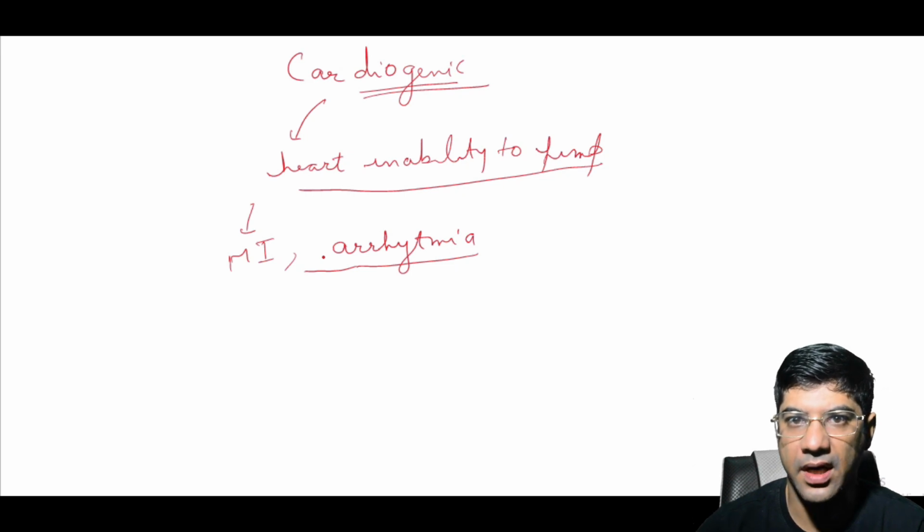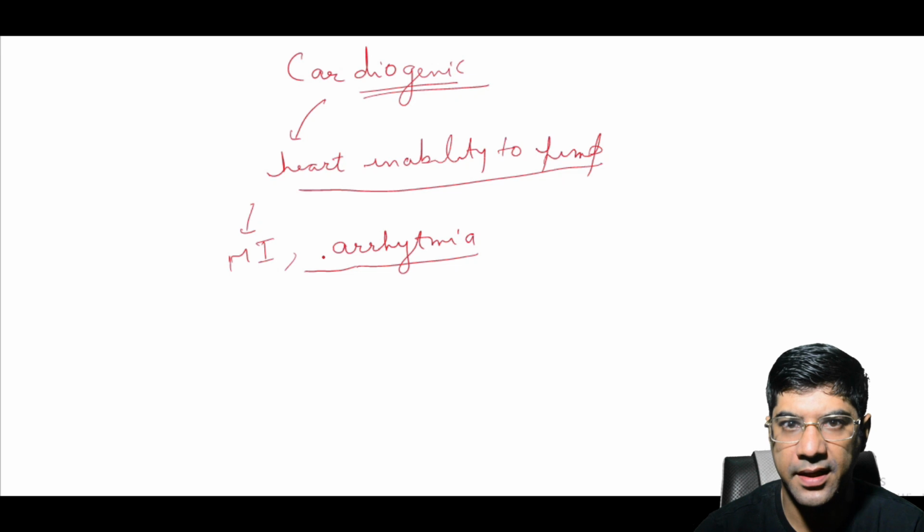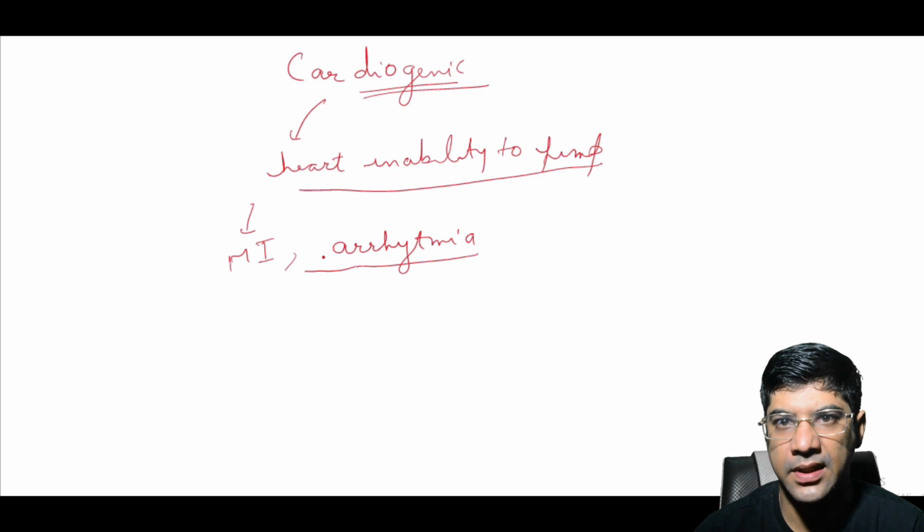So cardiogenic shock is an advanced form of heart failure that occurs when suddenly the heart cannot pump enough blood to meet the body's needs. So it is a condition that demands immediate attention, often occurring in ill patients, especially in events like MI. So here the issue lies within the heart's pumping action itself.